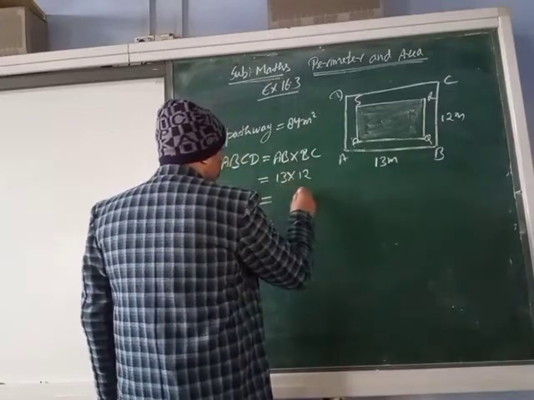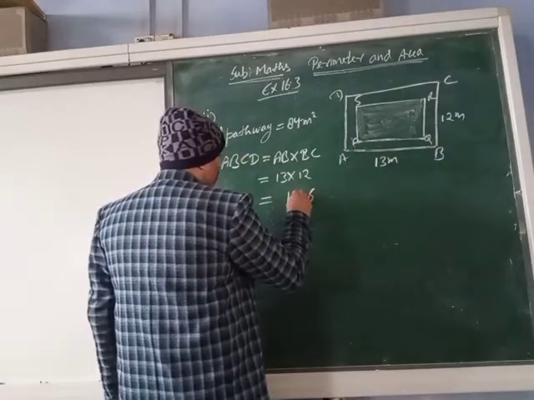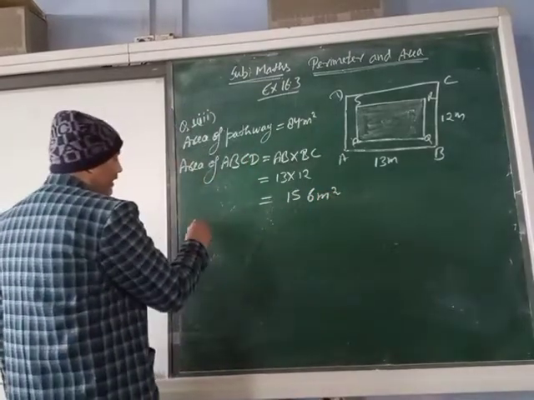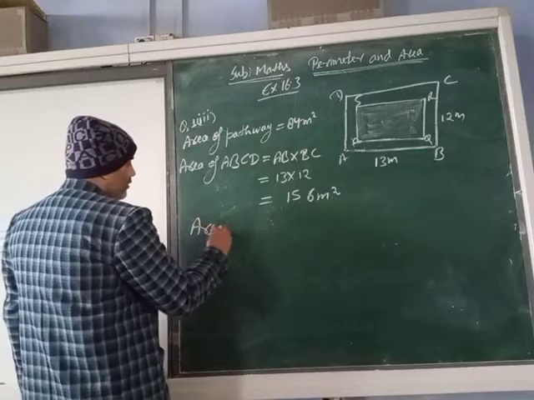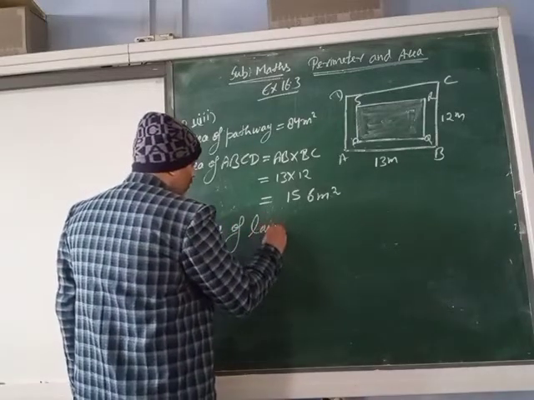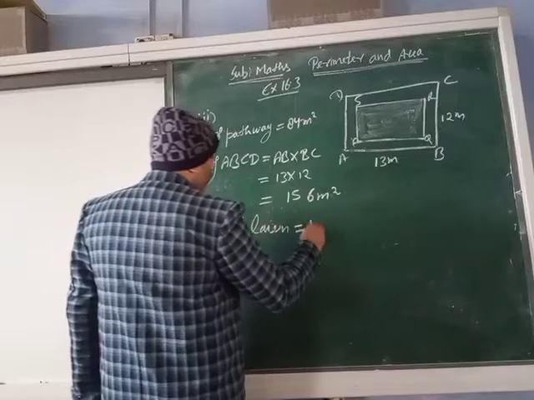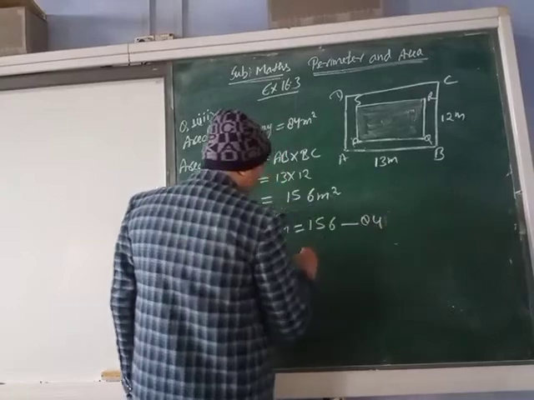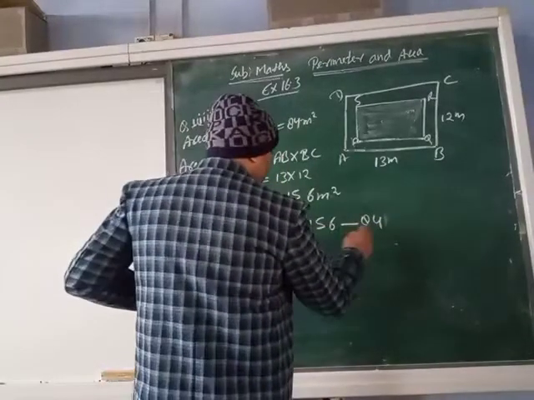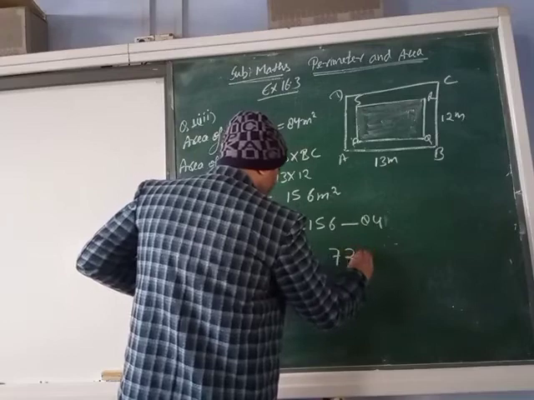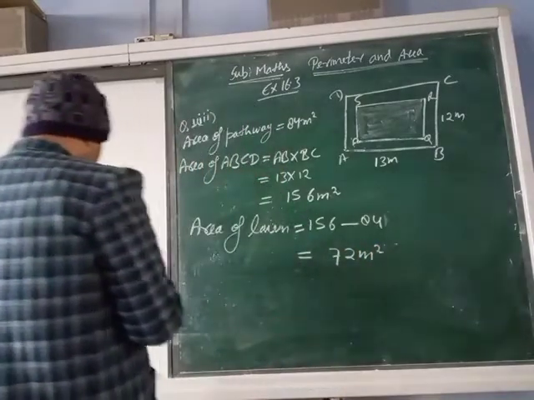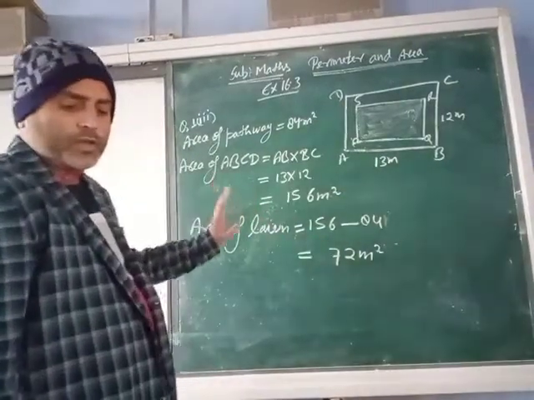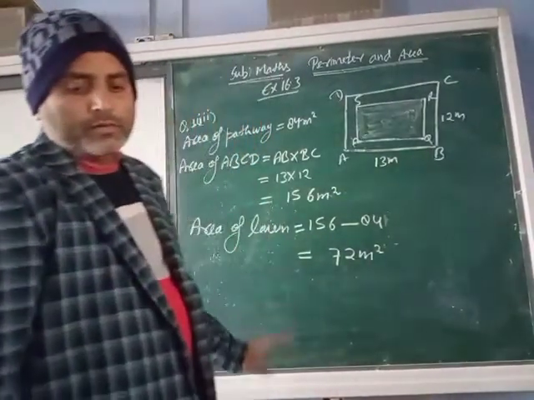So multiply, 156 meter square. Therefore area of lawn is 156 minus 84 meter square. Subtract this, 6 minus 4 is 2, 72 meter square. So that is 72 meter square.